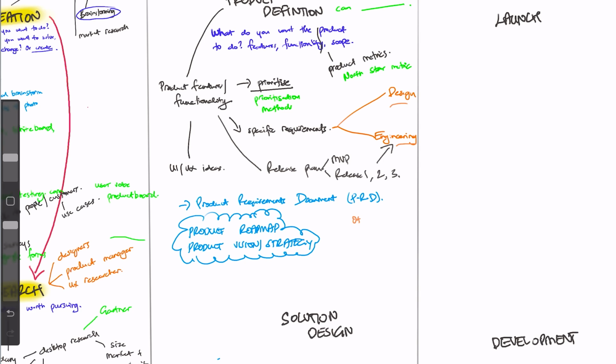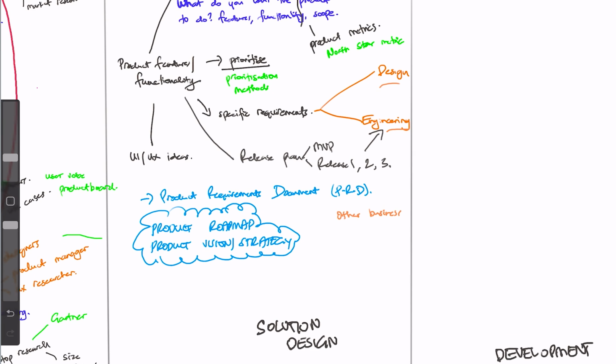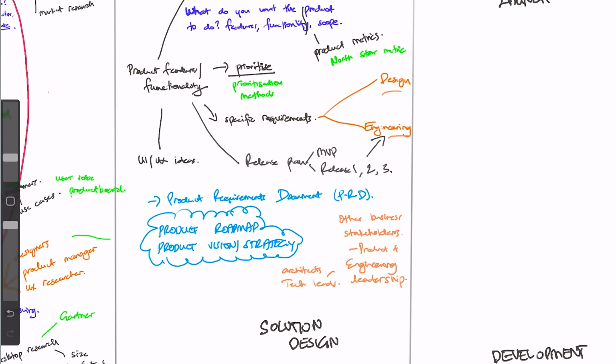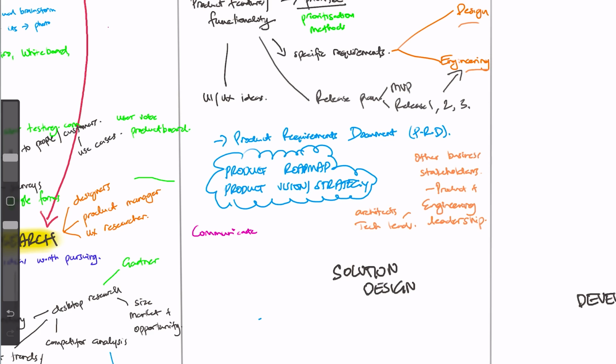I've touched on this a little bit, but people involved in product definition, we have design and we have engineering, but it's also important to include other business stakeholders, which can include product and engineering leadership, as well as architects and maybe people like tech leads. And to end off this phase, the purpose of your product definition is really to communicate with everyone what it is that you want to build and why.